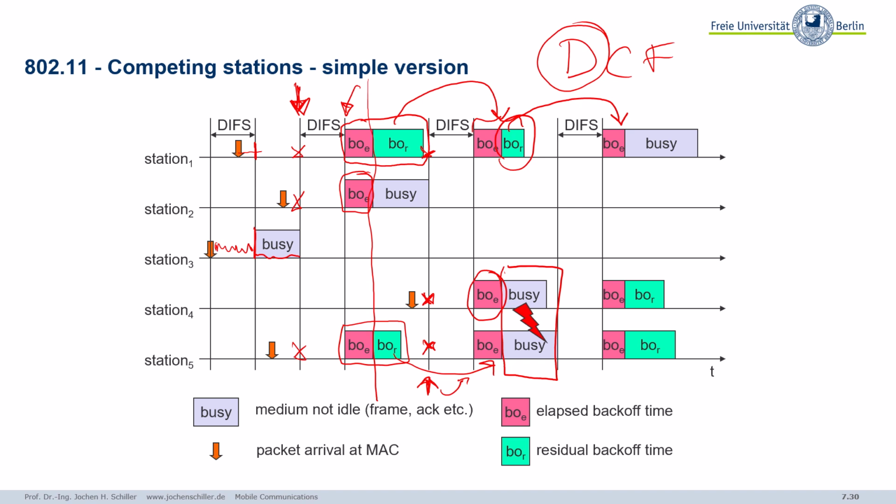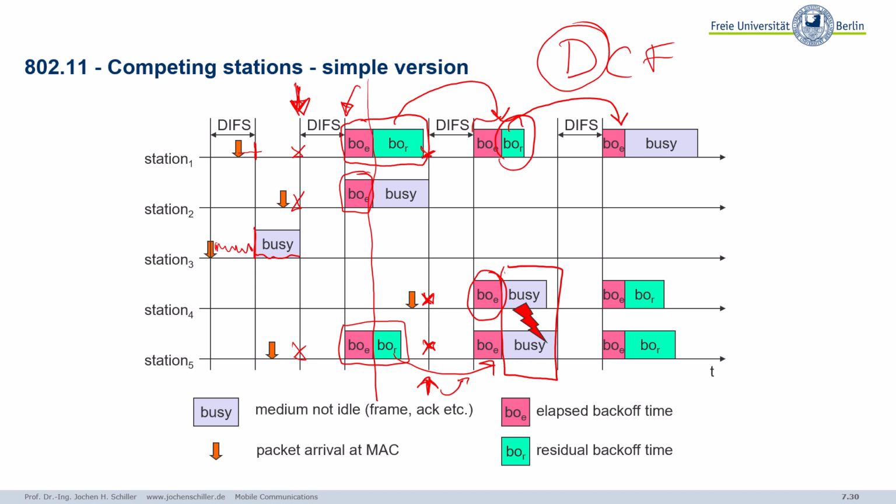You see this fairness component here. So although station 1 had a high random value in the beginning, it counts down, and finally, after waiting of DIFS, now it's station 1's turn.